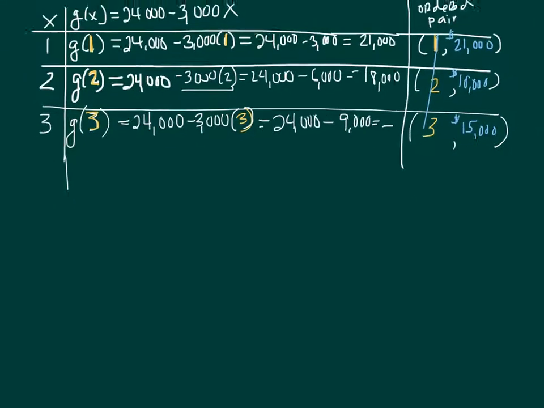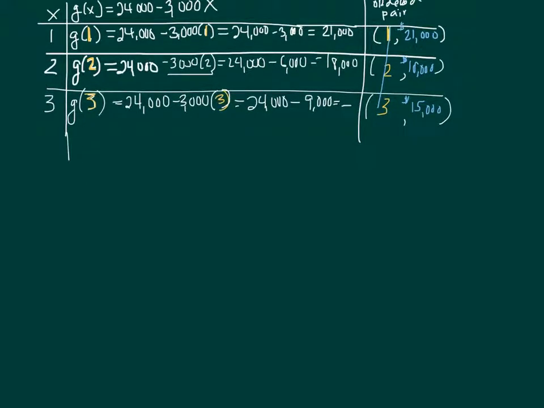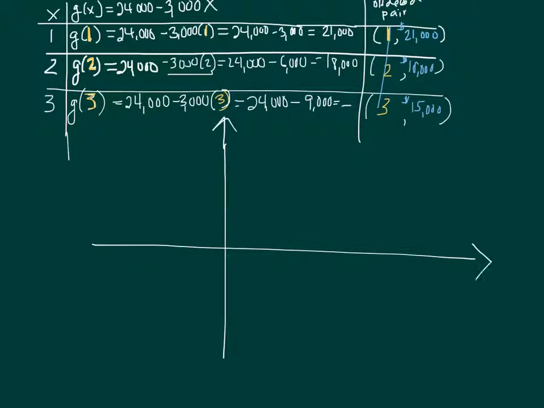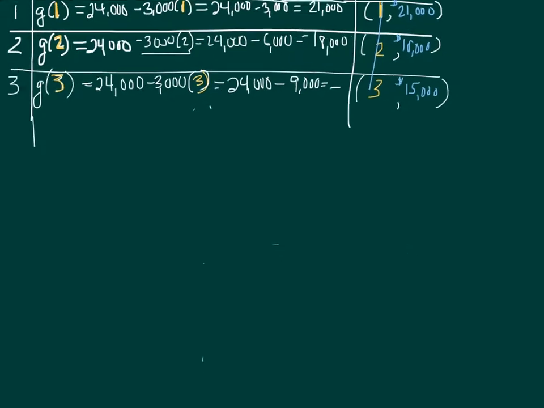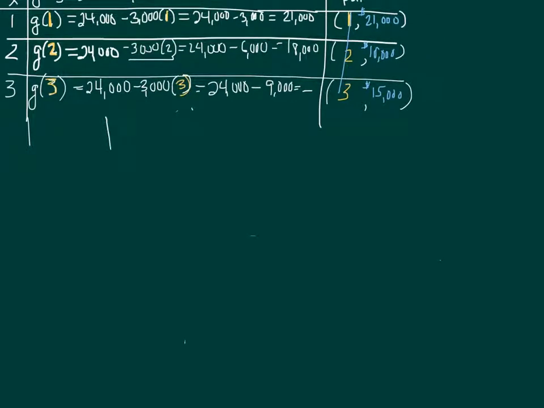Okay, so we found 3 points. I'm going to go ahead and graph this, and again, just a quick sketch. I'm only going to use quadrant 1 because we only have positive numbers. So I'm actually going to erase this, and let me maybe move this. Okay, so we're only dealing with quadrant 1.